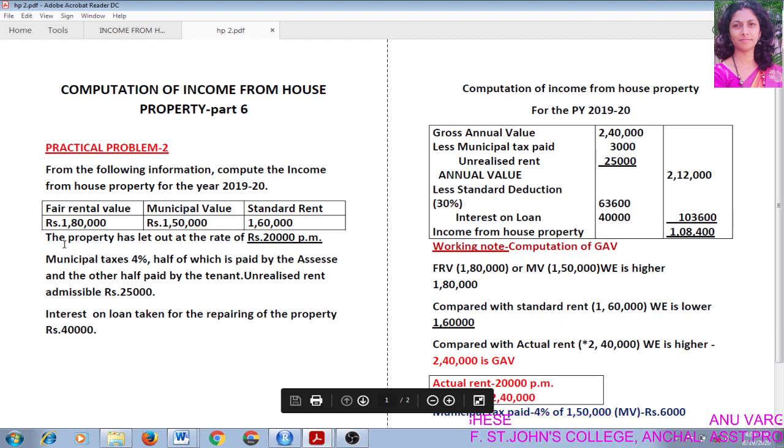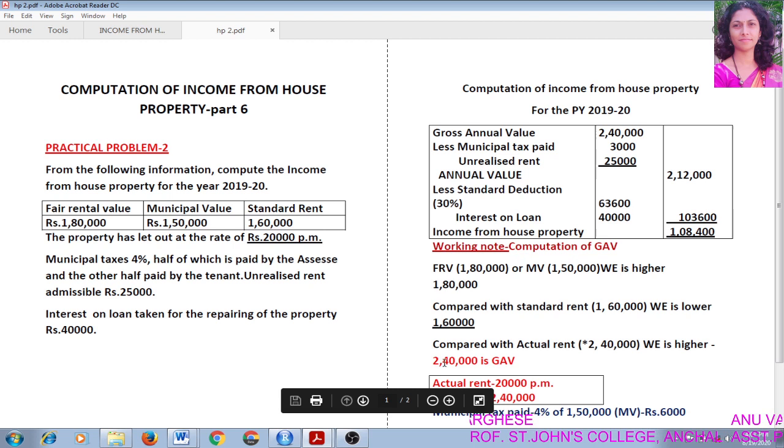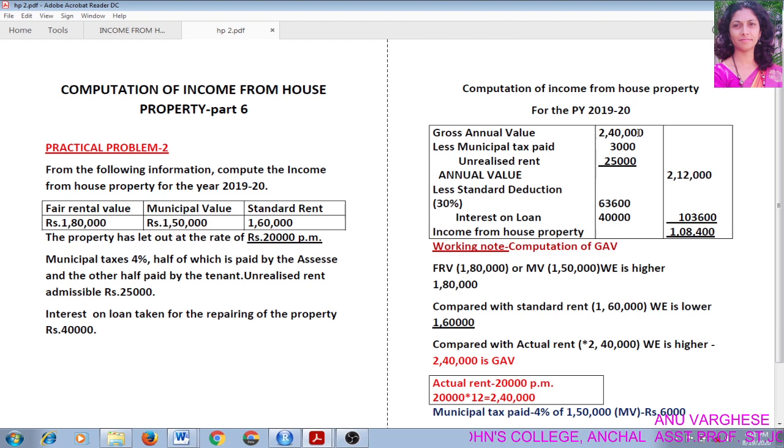Here it is stated in the question that the property has been let out at the rate of rupees 20,000 per month. So annual rent is 20,000 into 12, that is rupees 2,40,000. When we compare rupees 1,60,000 with rupees 2,40,000, the higher figure is 2,40,000. So that is gross annual value. So you can write gross annual value rupees 2,40,000.